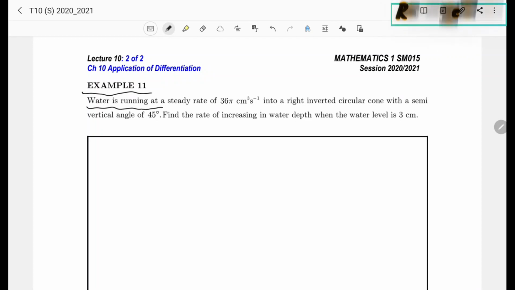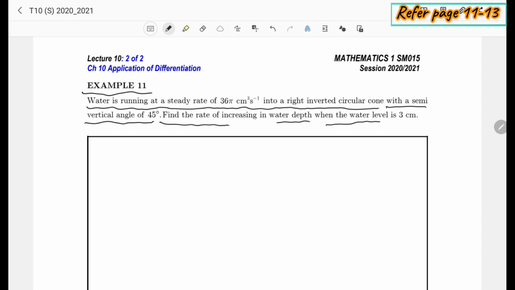Let's look at example 11. Water is running at a steady rate of 36 pi cm cubed per second into a right inverted circular cone with a semi-vertical angle of 45 degrees. Find the rate of increase in water depth when the level of the water is 3 cm. Again, you look at the unit here, so that is for volume.